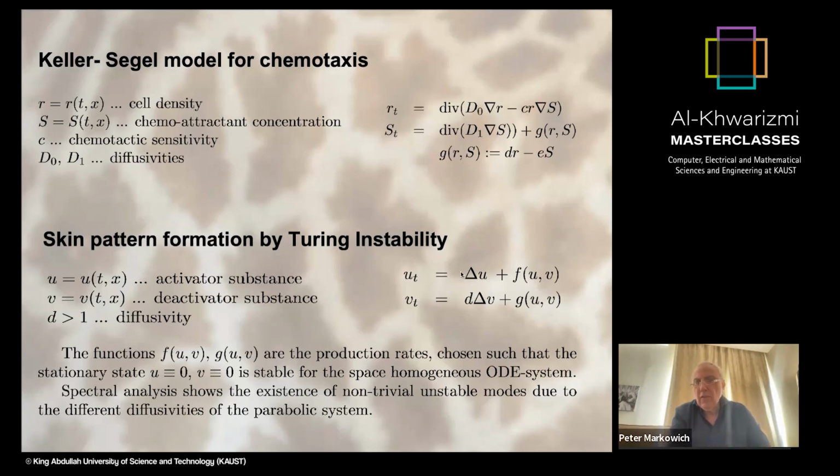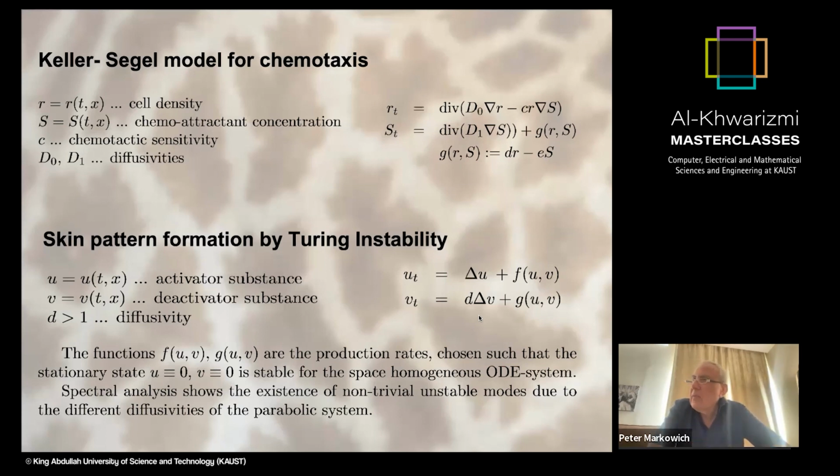Say here the diffusivity is 1, and here the diffusivity is very, very small. Now assume that the origin is a stationary state of the associated ODE system, meaning that when you cancel the Laplace operators, you have a stable steady state of the ODE system at the origin.